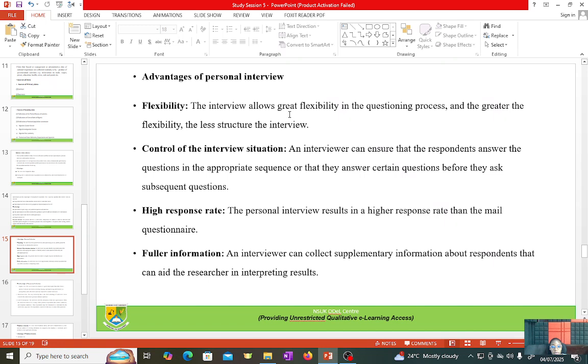The personal interview allows great flexibility in the questioning process, and the greater the flexibility, the less structured the interview is. Control of the interview situation. An interviewer can ensure that the respondents answer the questions in the appropriate sequence, or that they answer certain questions before they ask subsequent questions.